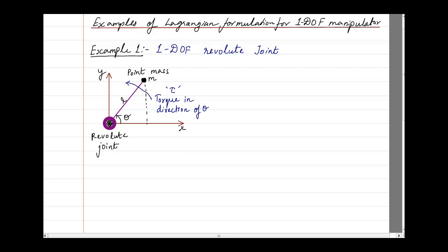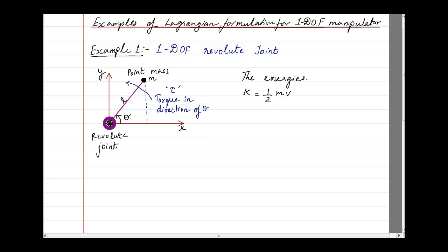So first we have to find out the energies. First is the kinetic energy, K, which is basically half of mass into the velocity with which it is moving.